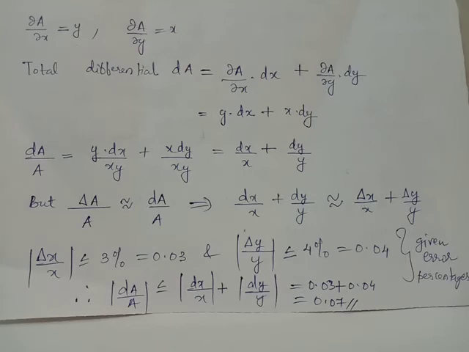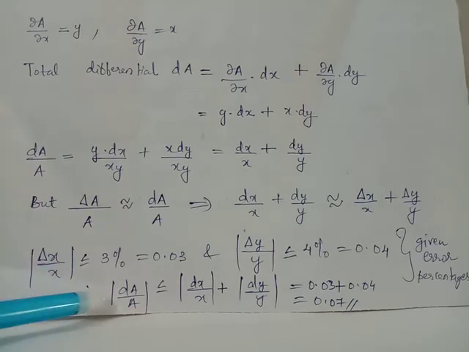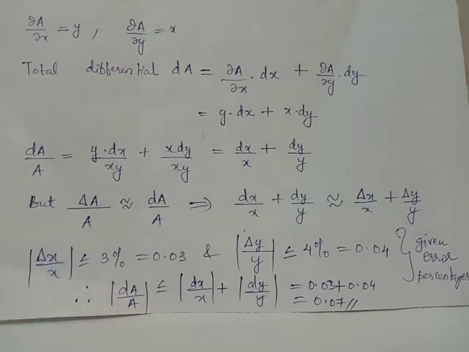Thus the error in calculated area, given by change in area by original area, can be calculated using the expression modulus of dA by A is less than or equal to modulus of dx by x plus modulus of dy by y. Less than or equal to is used here because we are not given exact values for error, but only maximum possible values for errors associated with measurement of length and width.